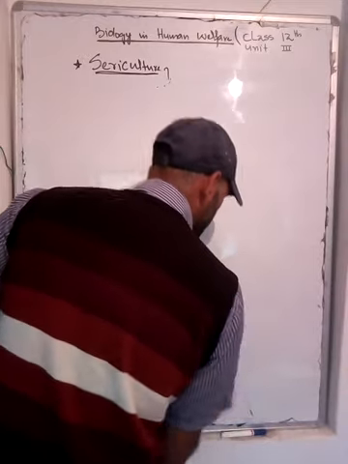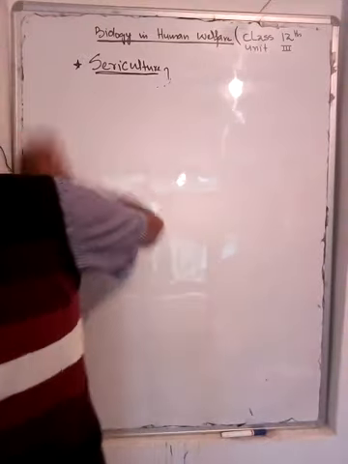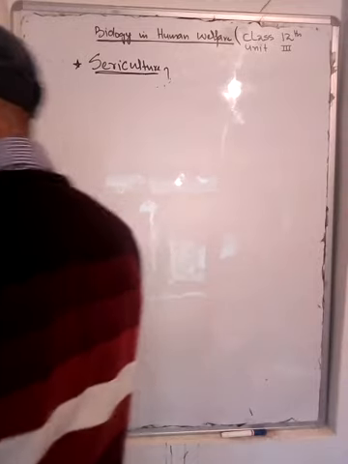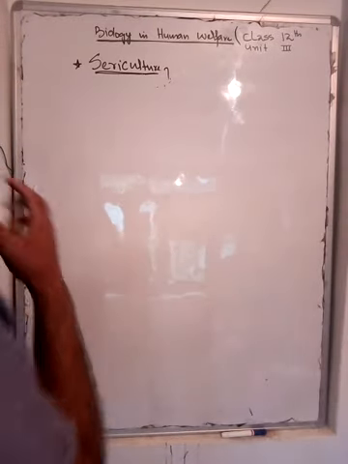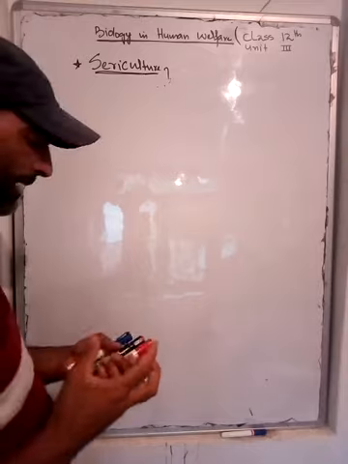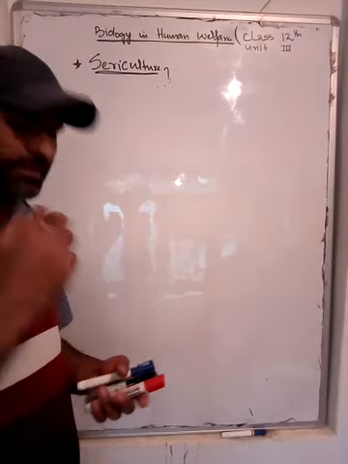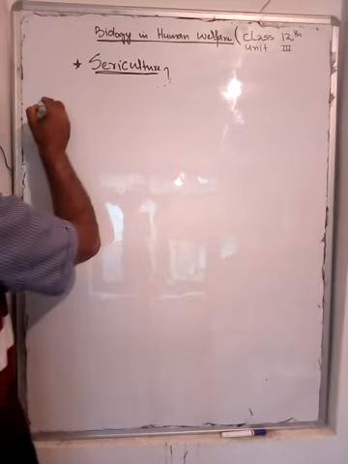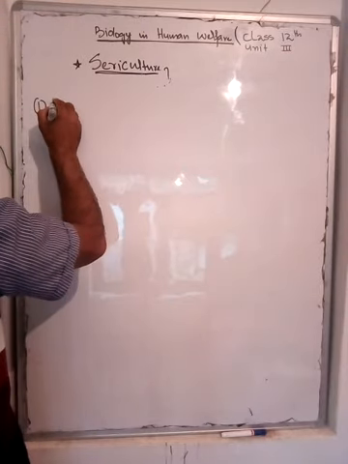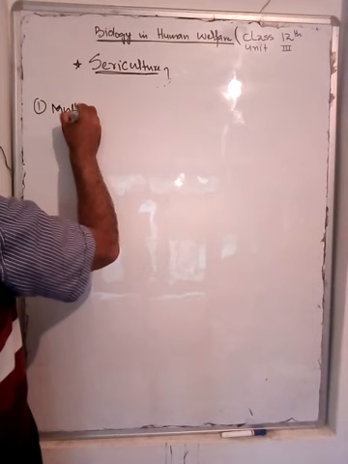As we know, due to its great value and usefulness, there are four different types of silks in India. We are discussing these. Number one is mulberry silk.